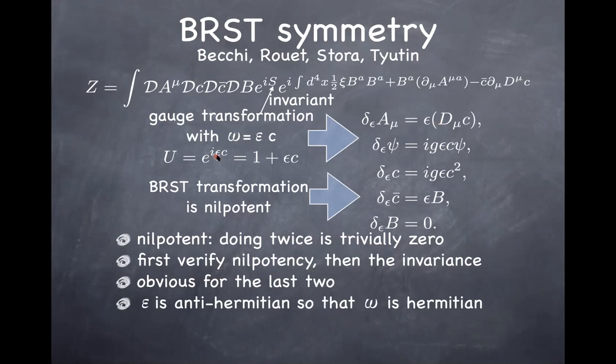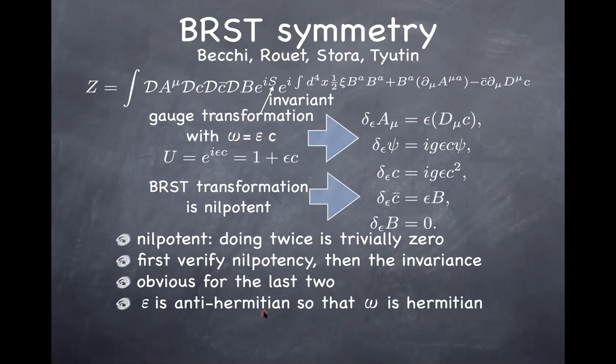And in order to make sure that this epsilon c is a Hermitian gauge parameter, epsilon turns out to be anti-Hermitian. So if I take the complex conjugate of epsilon c, that turns into c dagger epsilon dagger. C dagger, we learned, is c itself. So epsilon dagger should be minus epsilon, so that if I change the order between epsilon and c, that goes back to the original omega.